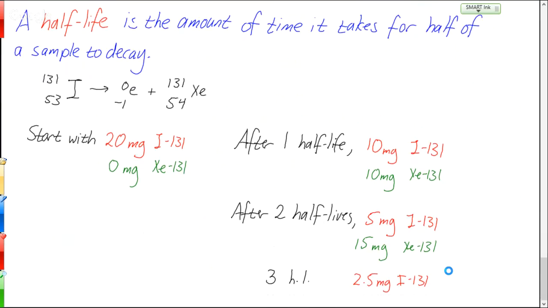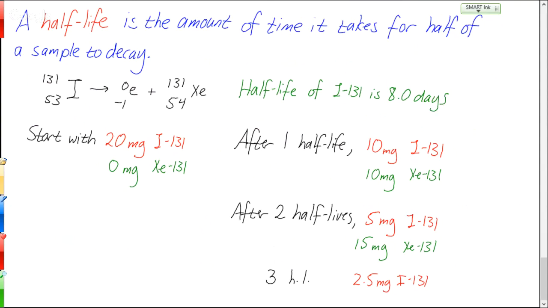So with successive half-lives, you're splitting the amount that you have in half each time. And then we can put a time on that. For this particular isotope, iodine 131, the half-life is 8 days.